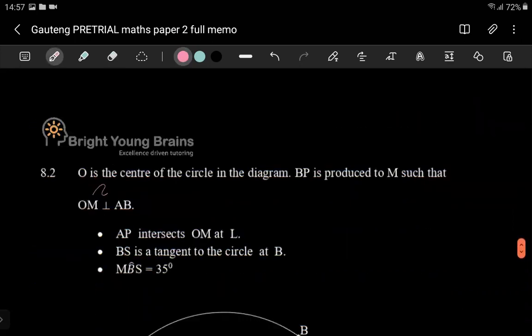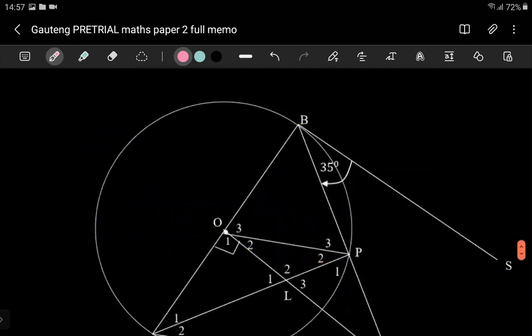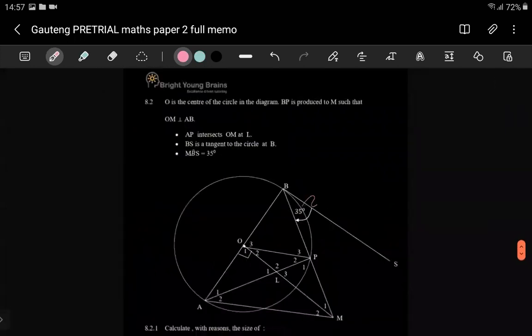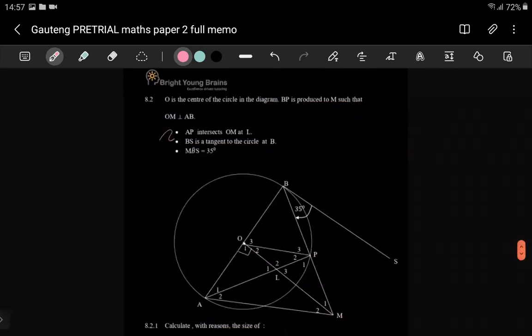It says O is the center of the circle in the diagram. And then it says here, BP is produced to M such that OM is perpendicular to AB.